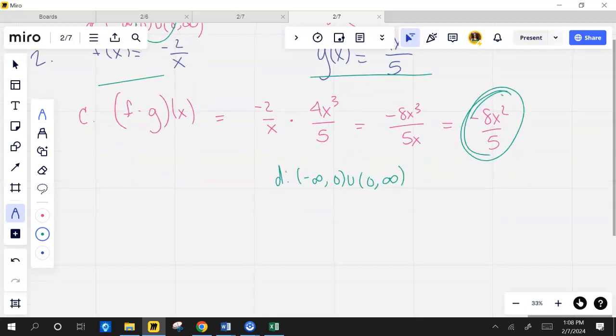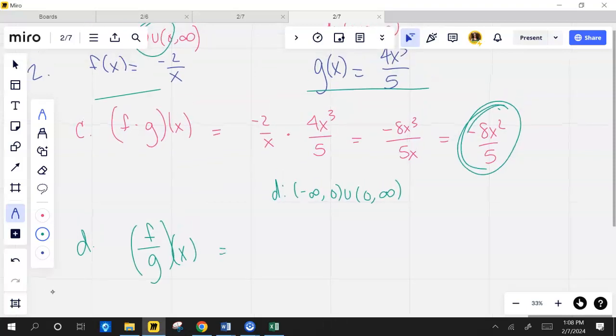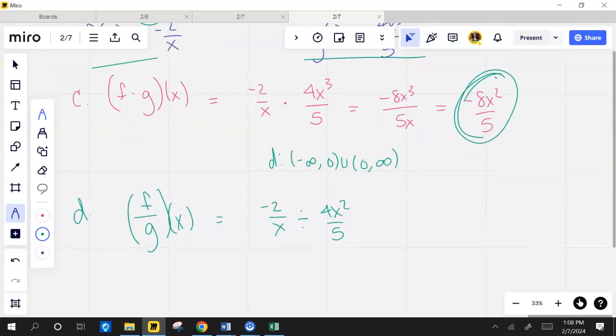So that means D, what is this, F over G? All right, so now I'm dividing, right? I've got negative 2 over x divided by 4x squared over 5. I'm going to do a little flip.